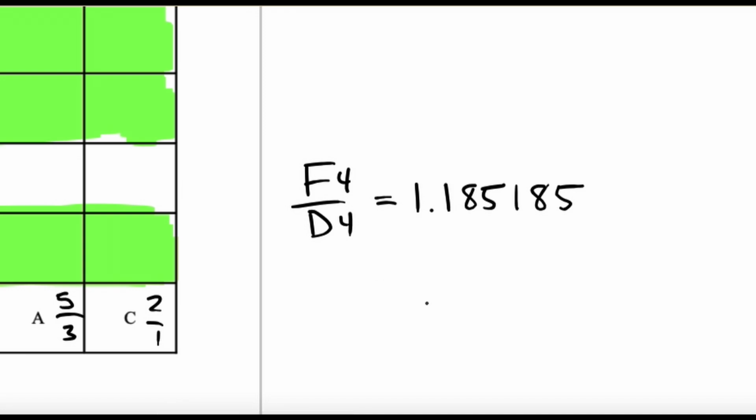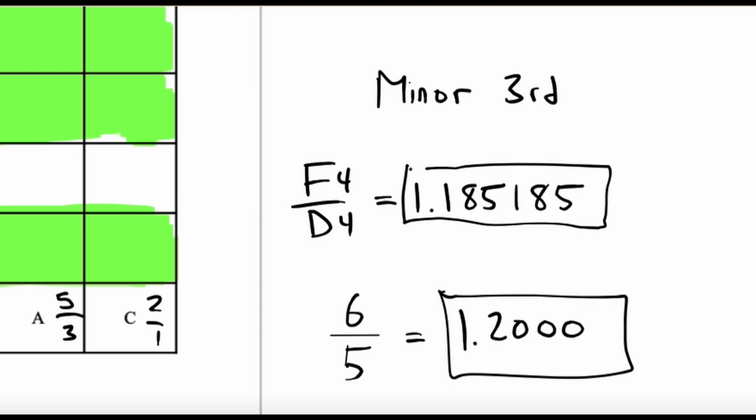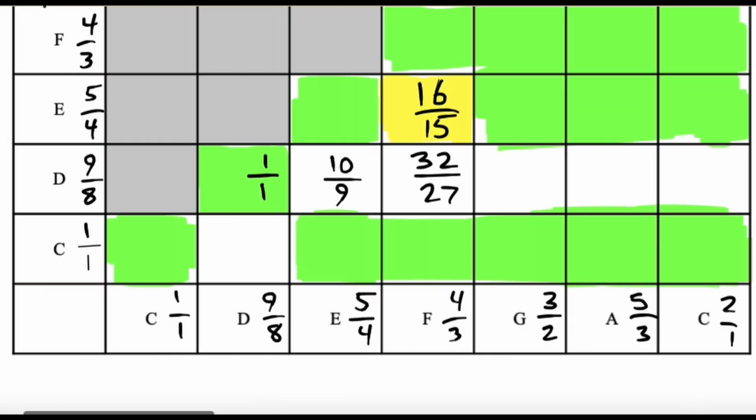Now perhaps the ideal ratio that it should be is like a minor third. A minor third as a fraction would be 6/5. So if we divide 6/5, we get 1.200. This would be the ideal way that we'd want to hear a minor third. And this is a little off, honestly, mathematically. And people can hear that it's off. So for that reason, I would put red or something in that square. So it doesn't make a good mathematical ratio with F. And that's the problem with introducing D.